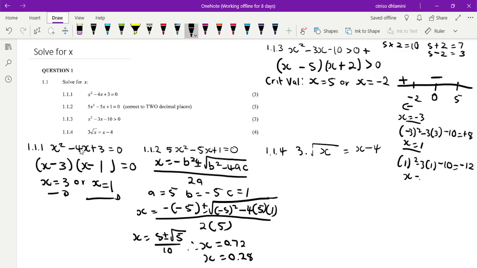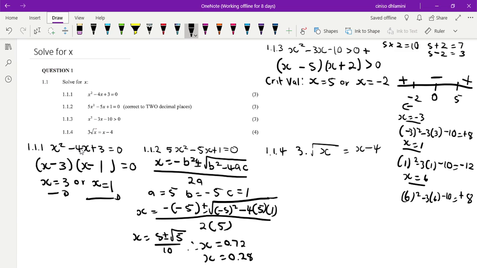And then if you say x equals 6, you're testing values above 5. If you substitute 6, you're going to get positive 8. So values above 5 are positive.